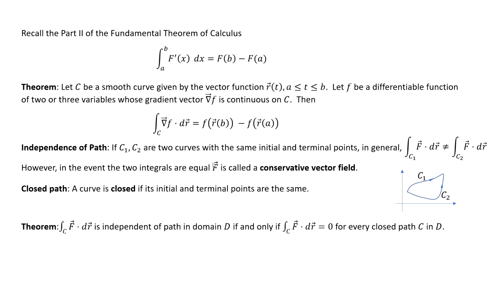So in that case, the integral would be negative 3. Well, if you have a closed path, from here to here you get a positive 3, and from here to here the integral gives you negative 3. When you add them, you get 0.